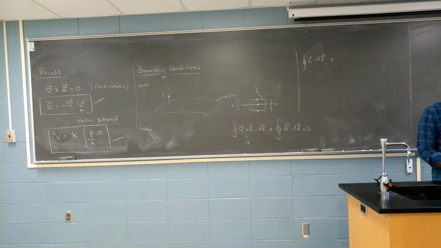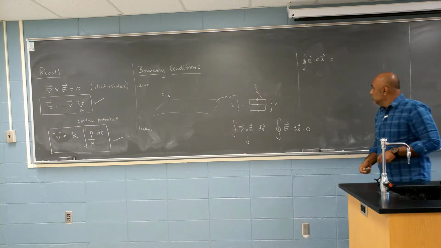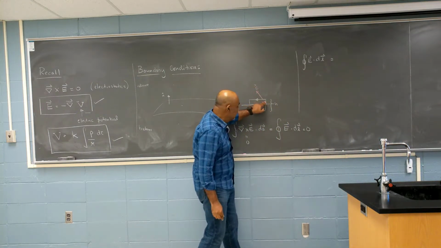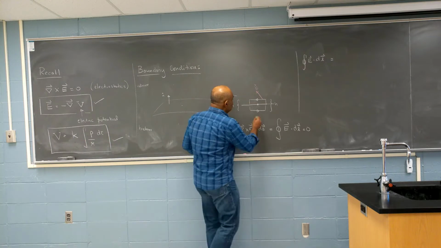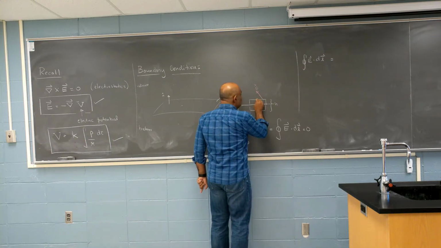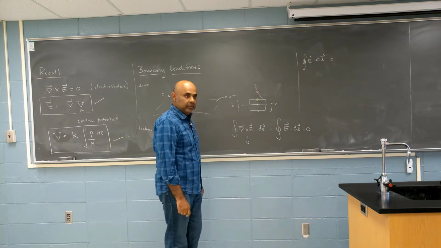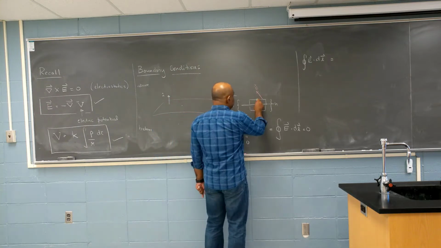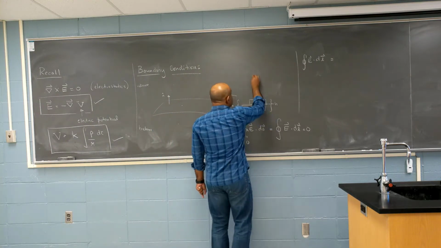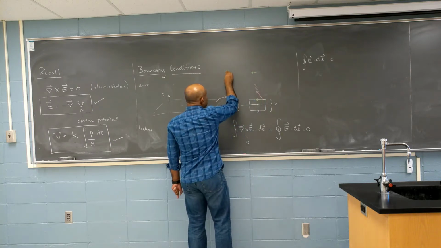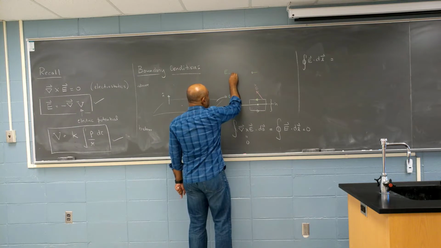This particular loop won't see it. What Stokes' theorem is going to see is only the component of E in the dl direction. So it is only going to see this part. Yeah? So this is going to be, what I'll do is this vector, I will denote this as E parallel above.